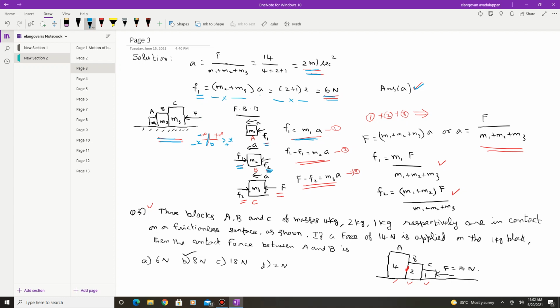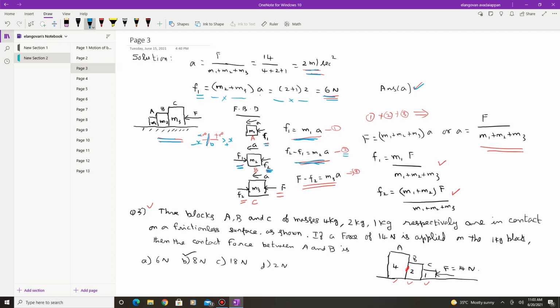The acceleration is also A along the negative x-axis, so the body is moving from right to left. Since it is moving from right to left, the force F2 must be larger than F1. So the net force is F2 minus F1, which is equal to the mass m2 times acceleration. This is equation 2.